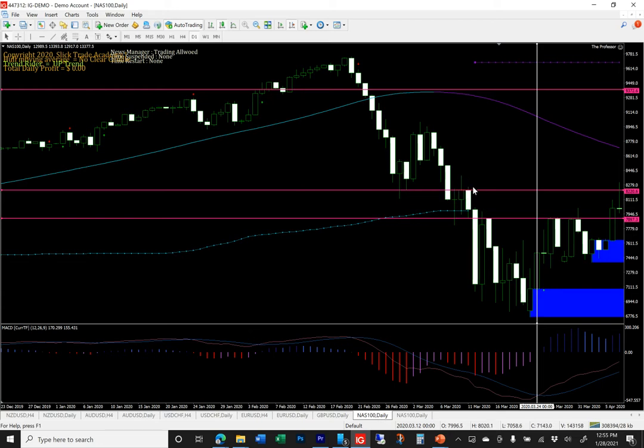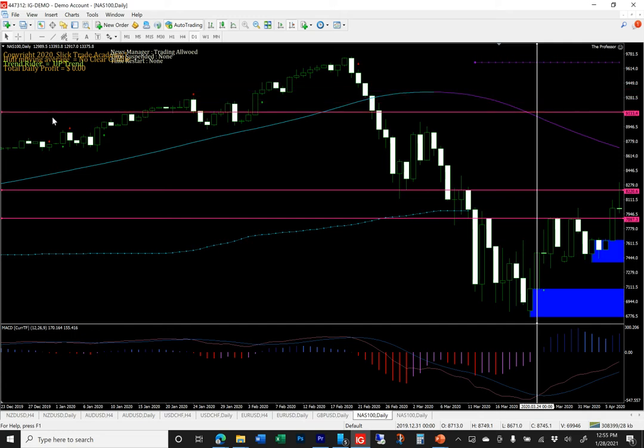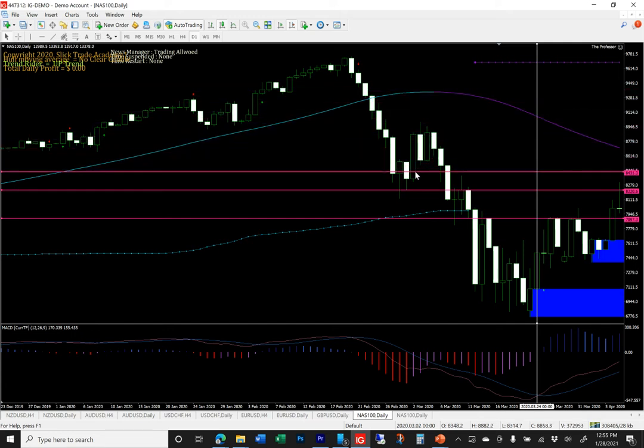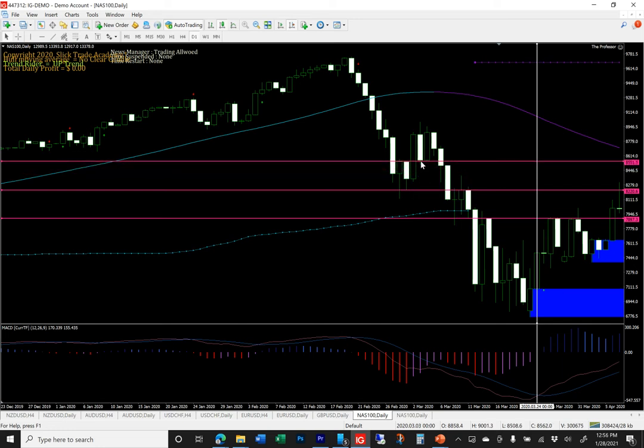Okay, so here was our first take profit. Now, second take profit. Where did price test? So I'd say right here it tested with this candle. Up here it tested with these candles. Right here and here with these candles.